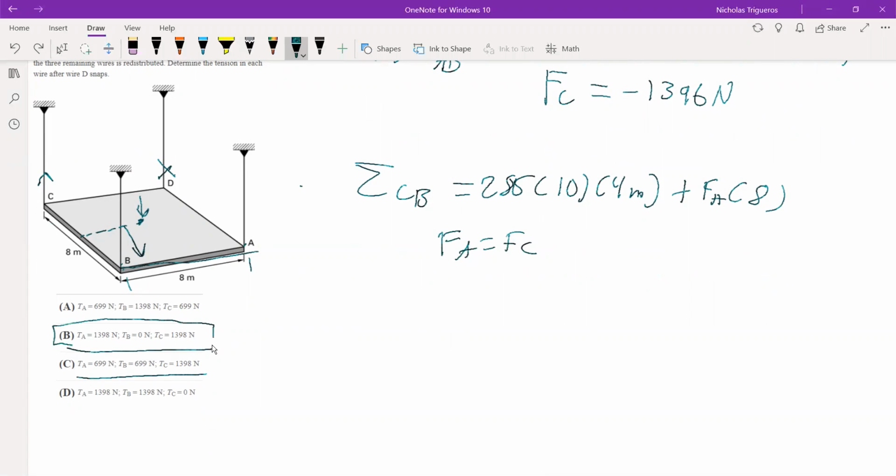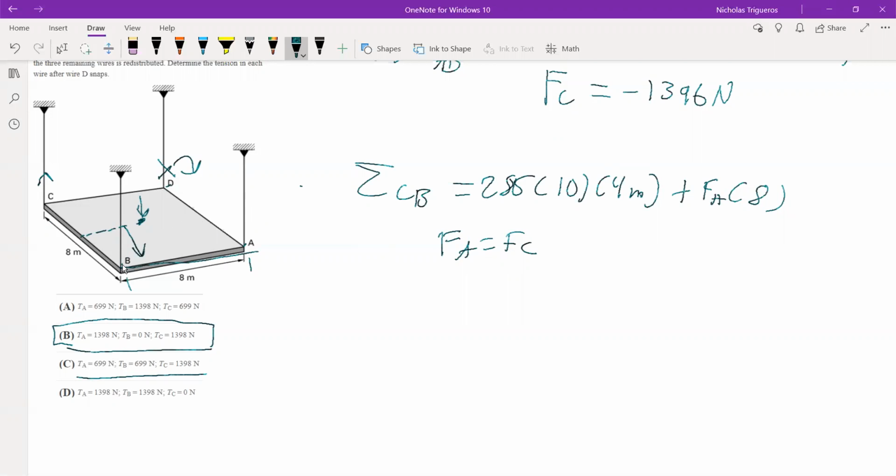Cool. So this is where I said you can do this intuitively. Basically, if you know that if D fails, B actually will have no force on it, because A and C, if you think about how this will look physically, you have a weight in the middle, D collapses, so this force is gone, so this thing tends to hang off this way.